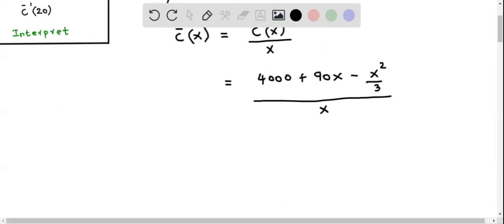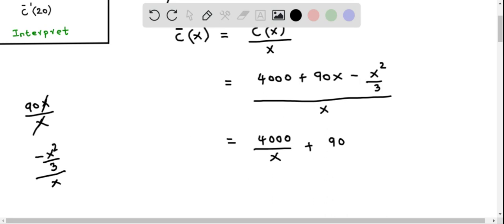Let's simplify this. I'm going to divide each of the terms in the numerator by x. The first term is 4000 divided by x, plus the second term, 90x divided by x, and this gives 90, because the x and x get cancelled. Then the next term is negative x squared by 3, divided by x.